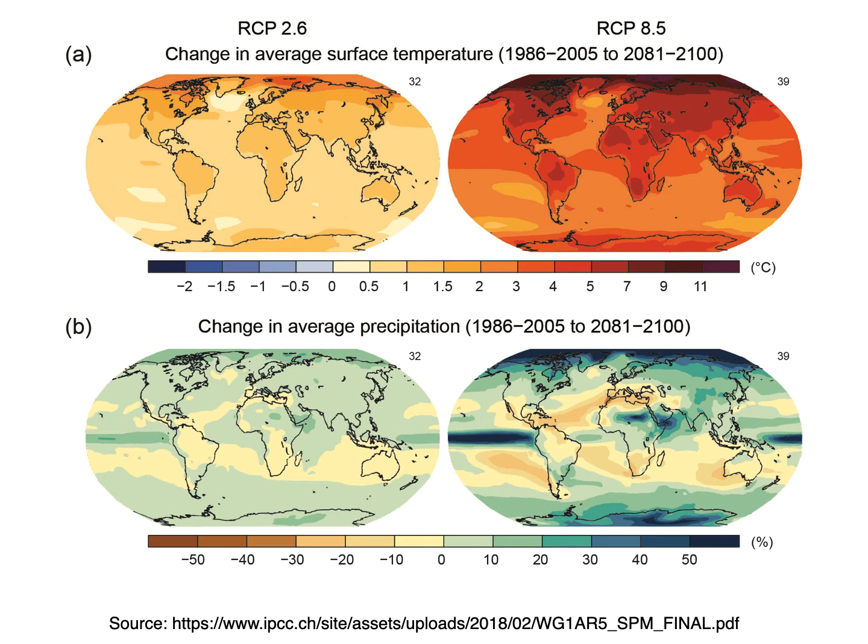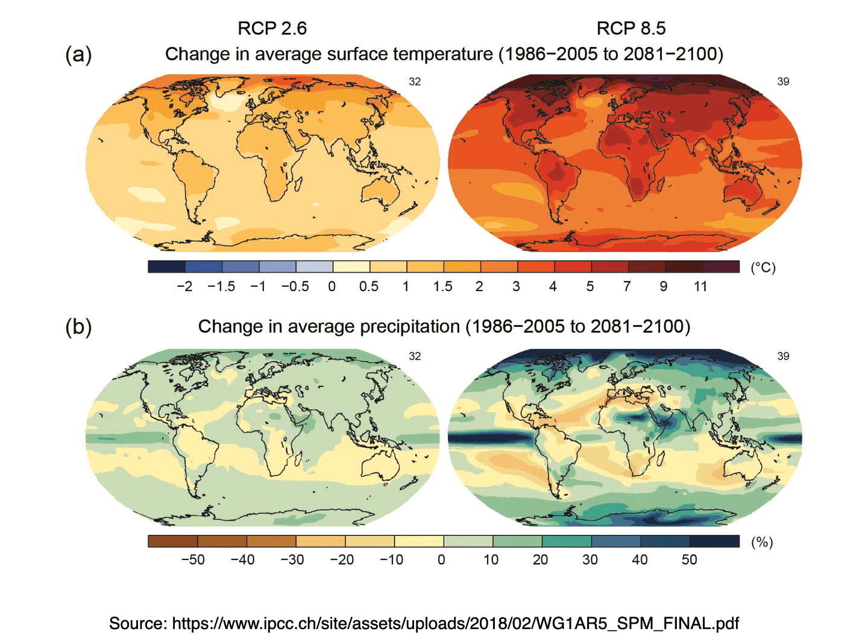So here, these graphs from the IPCC 5th assessment report show predicted future changes in surface temperatures under RCP 2.6 and RCP 8.5.